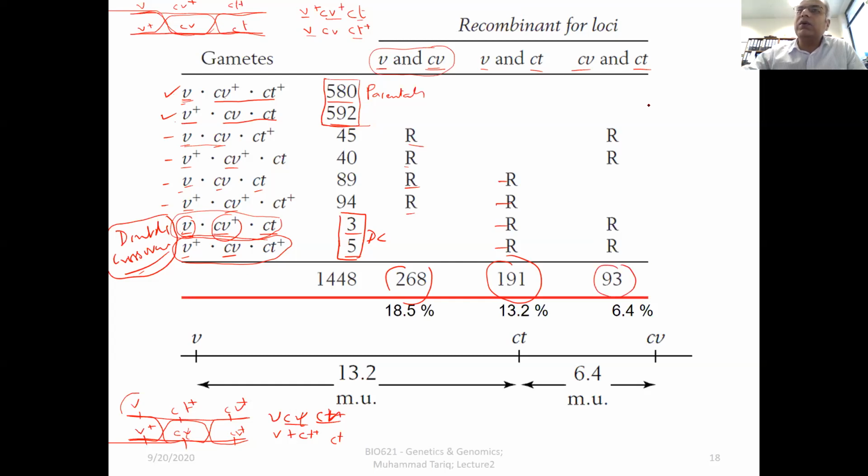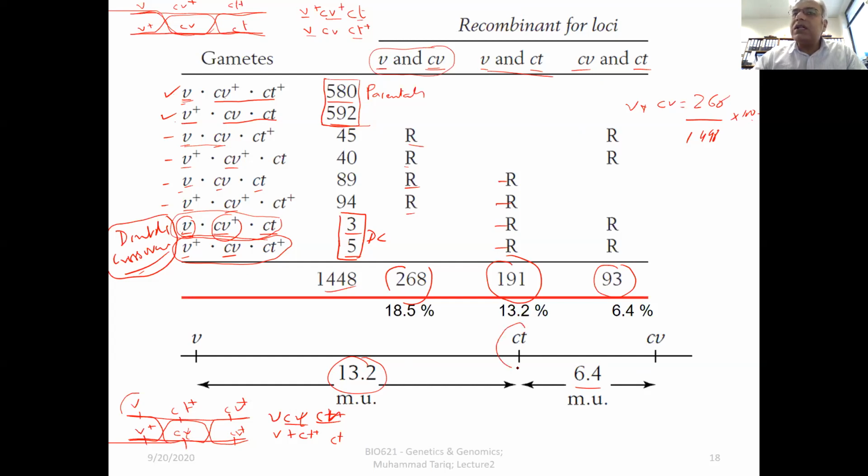Now, if you want to determine the distance between, let's say, vermilion and cross-veinless, you will simply take the recombinant classes, which are 268, divided by the total, which is 1448, times 100, and that will give you percent recombination. So you calculate, and this is what you get: 13.2 map units between vermilion and cut and 6.4 between cut and cross-veinless.